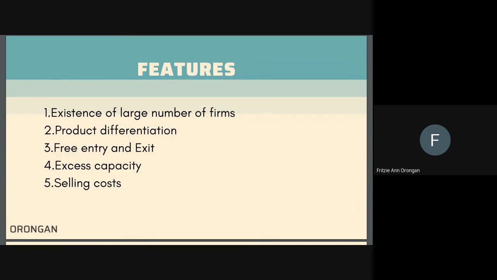And lastly, selling costs. The firms in monopolistic competition are price setters or makers rather than price takers. In order to actually raise their prices, the firms must be able to differentiate their products from their competitors. Also, firms spend large amounts on advertising and other forms of marketing.